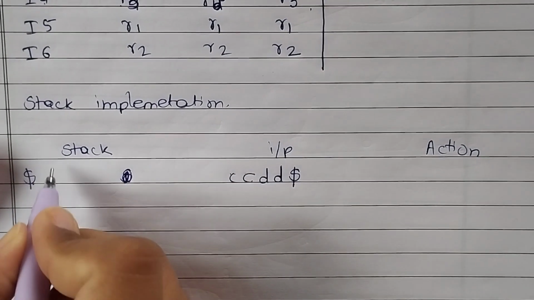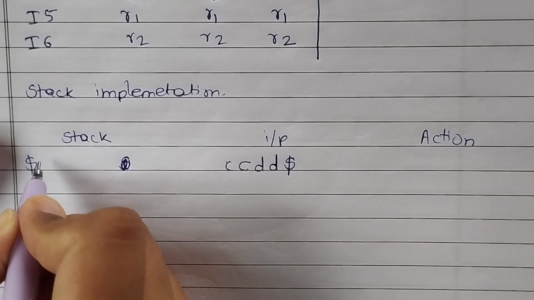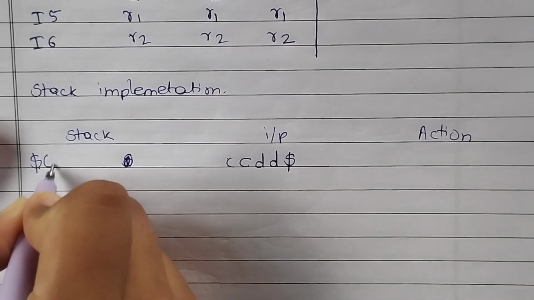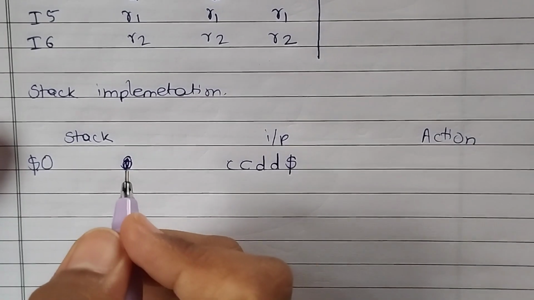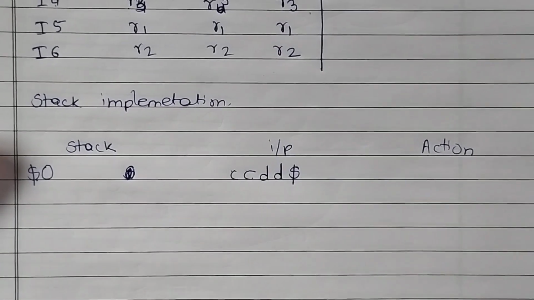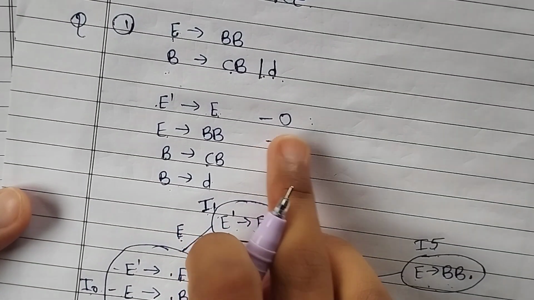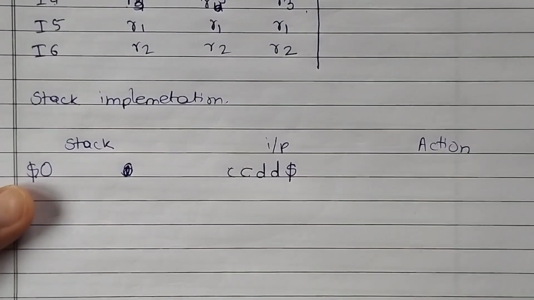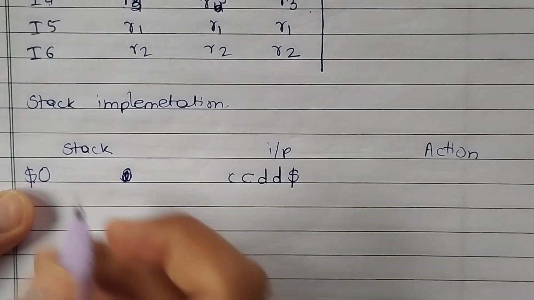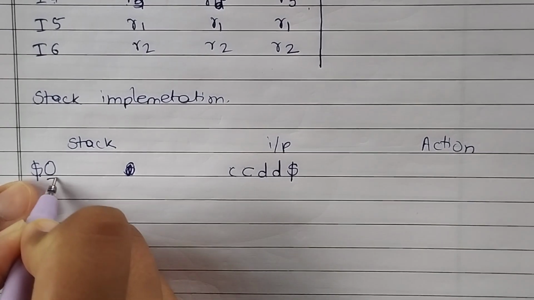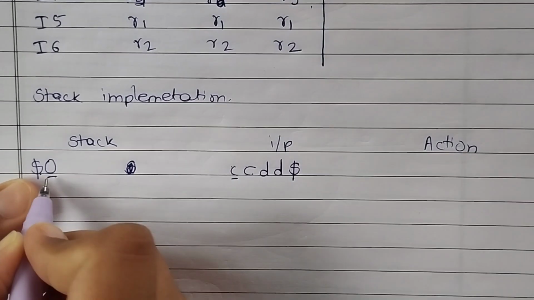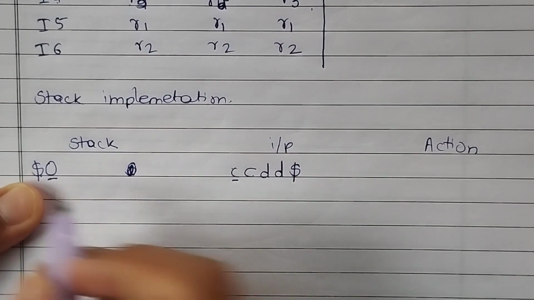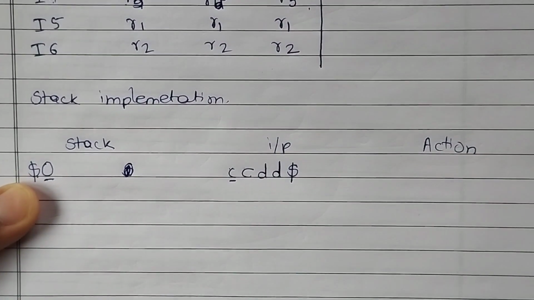So our grammar starts from the 0th state, so we write here 0. This is our starting numbering for the grammar. Now we see 0 in C. Here the 0 is nothing but the I0 state.